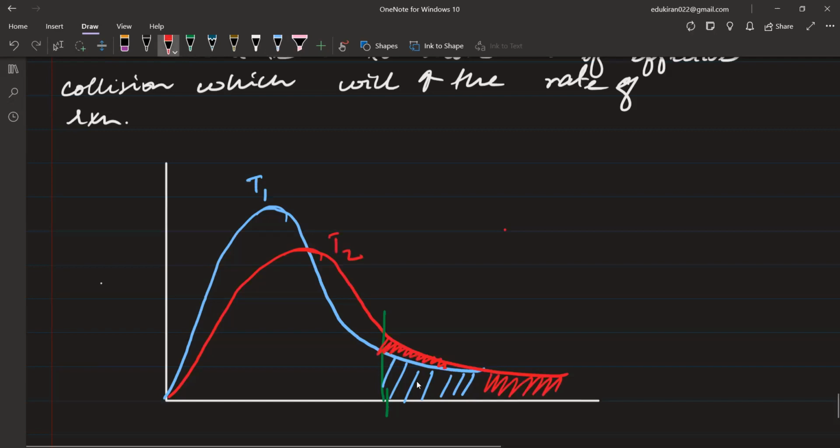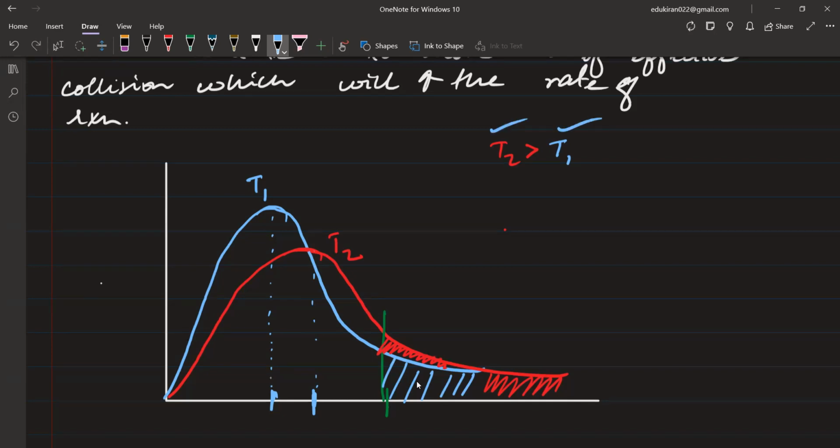As you can see, T2 is greater than T1. देखिए, the most probable kinetic energy of the T1 particles is here, and for the T2 particles is here. So obviously the average kinetic energy of T2 is higher than T1, and as we know, the velocity increases if we increase the temperature. So T2 temperature is greater than T1 temperature.